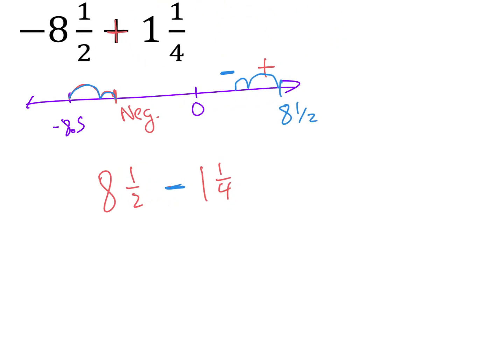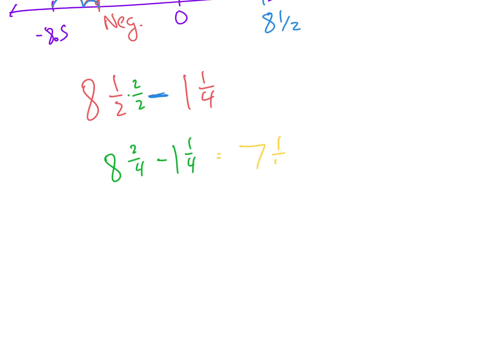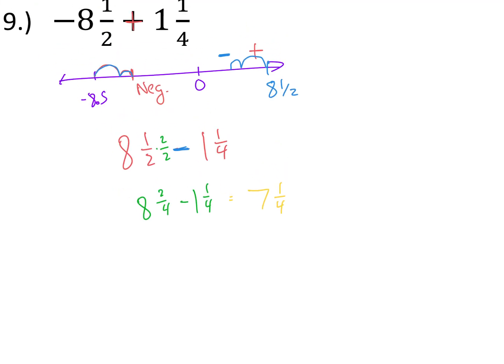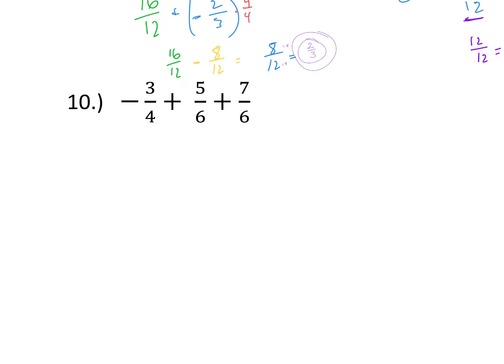So we need a common denominator. Let's multiply by 2 over 2, and we get 8 2/4 minus 1 1/4. And what we end up getting is 7 1/4. Is that it, though? No, it needs to be negative. Negative 7 1/4 is our answer.